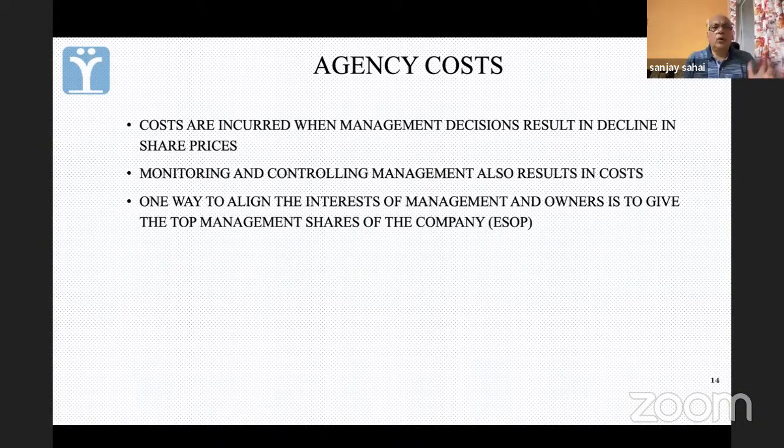If you give them a large block of shares, then you tell them to make sure that every decision they take results in the company performing very well in the future, as a result of which the share prices will increase.